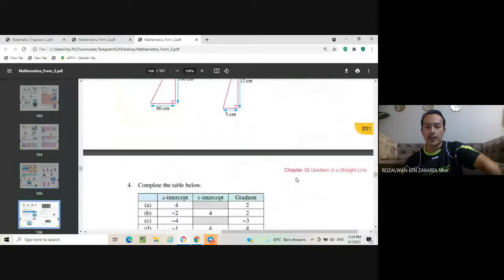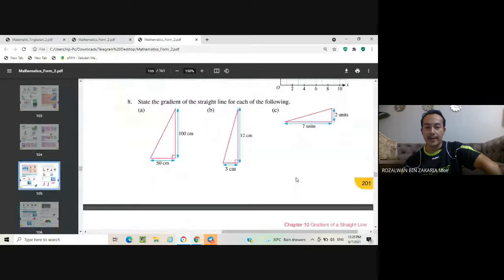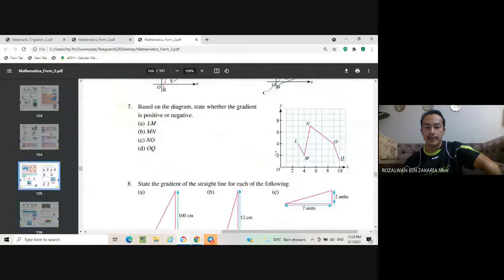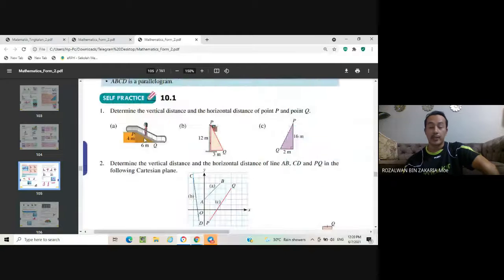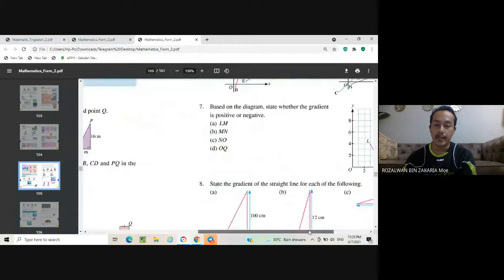I want you to answer question 7 and question 8 from practice 10.1. Do this in your maths exercise book too. So that's for your exercise today.